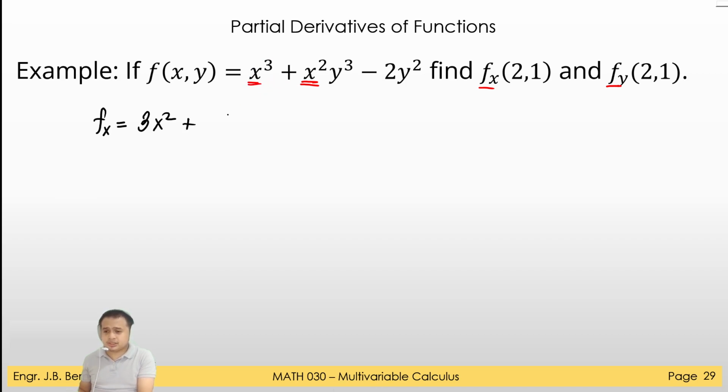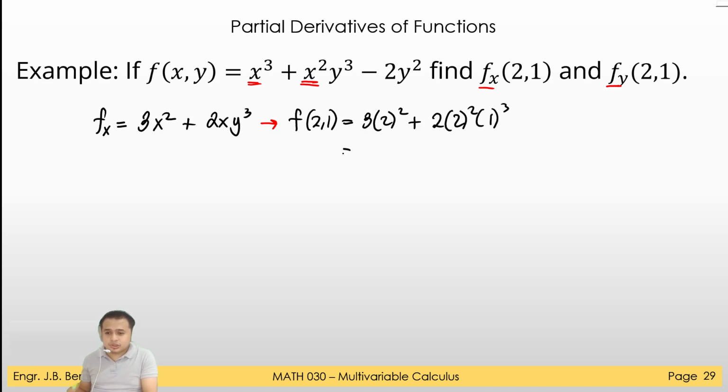So this will be plus 2x y cubed. Then evaluating this at this point, we can just substitute the values. So if we want to find f sub x of 2 and 1, this will be equal to 3 times 2 squared plus 2 times 2 squared times 1 cubed. So we have 3 times 4, which is 12, plus 2 times 2 squared, which is 8.